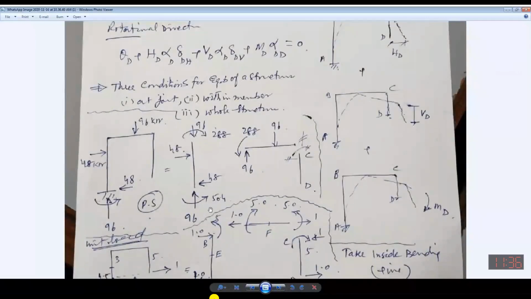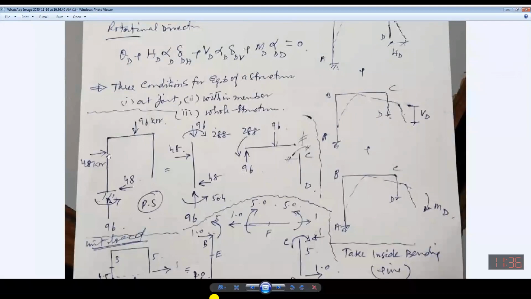Now if I talk about A to E, this is part AE, and its distance varies from 0 to 4.5.